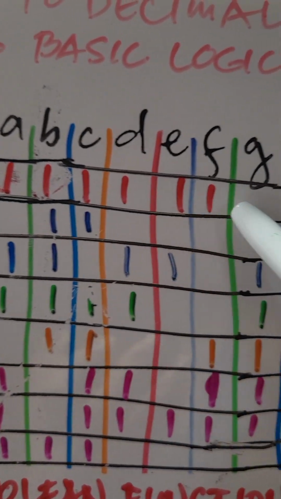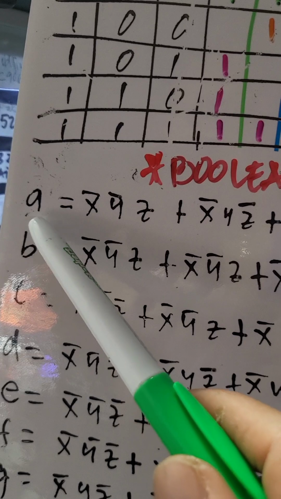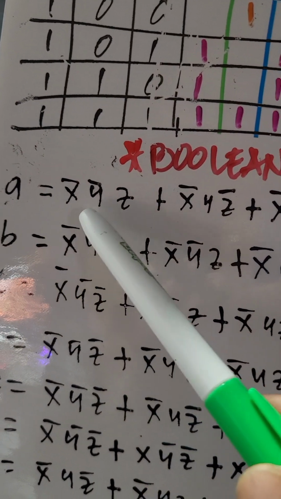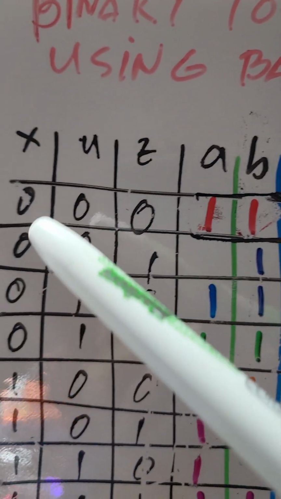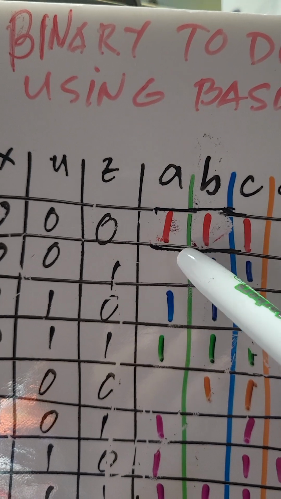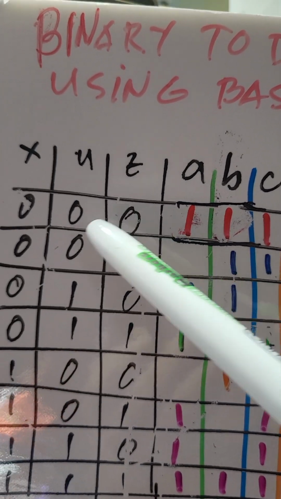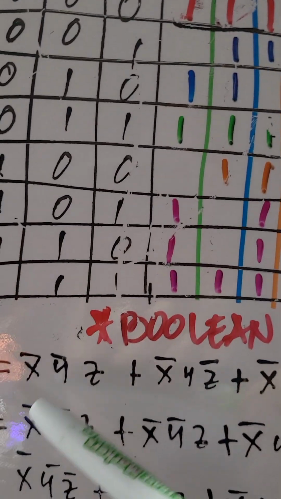Now, this 1, 1, 1, 1 here, at the count of 0, this is the equivalent Boolean function. A, X bar, Y bar, all zeros here, like A is 0, so X 0, Y 0, then C 0.